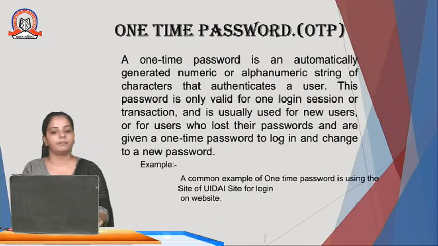Next is one-time password. It is very common for each and every person. Short form we know as OTP. OTP is automatically signed and authorized by the server side. If you are getting an OTP from some application or website, that application can directly read your message and get your OTP from that device.